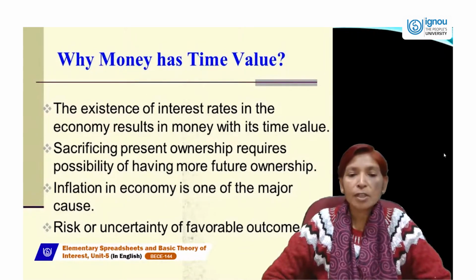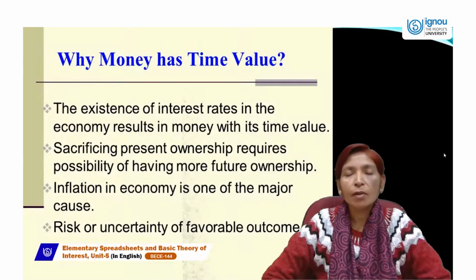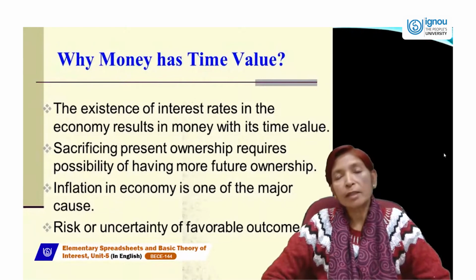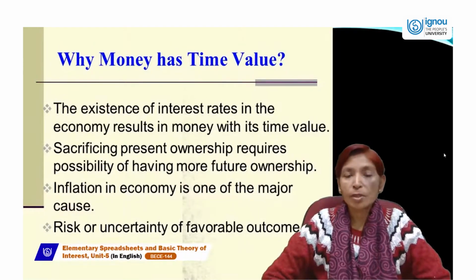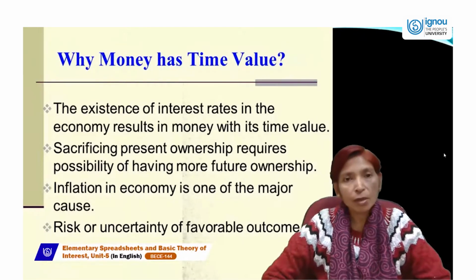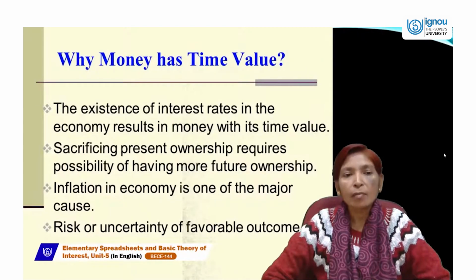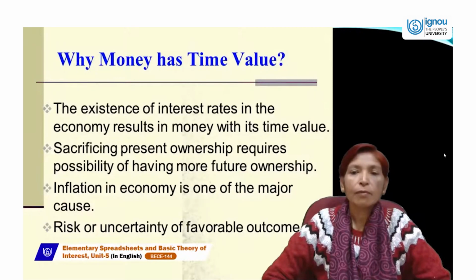Because inflation in the economy is the major cause of changing the value of money. And sacrificing present ownership requires the possibility of having more future ownership, and the existence of interest rate in the economy results in money with its time value.